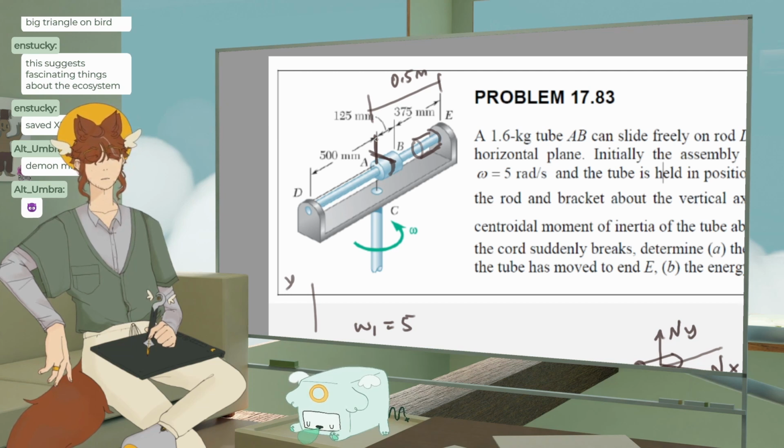I can't tell where it is on this picture. It kind of looks like it's saying the full, but it doesn't. It looks like it's going from the center to that. 375.